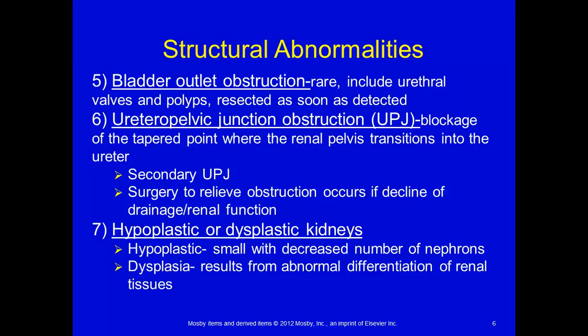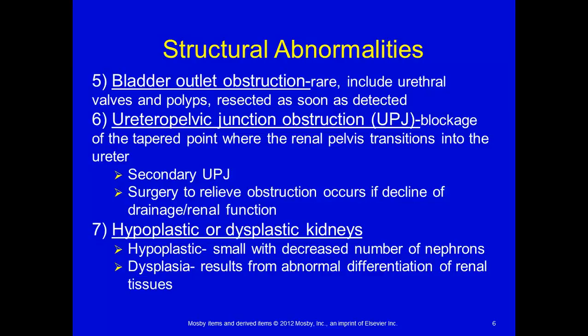It causes an obstruction. There's primary ureteropelvic junction obstruction, which can be one of the main reasons for hydronephrosis in a neonate. So hydronephrosis, again, meaning that backup of fluid, that backup of urine. But there's also secondary UPJ as well.